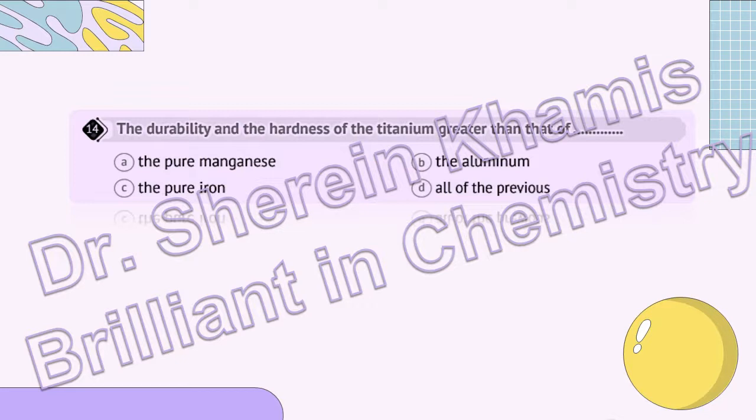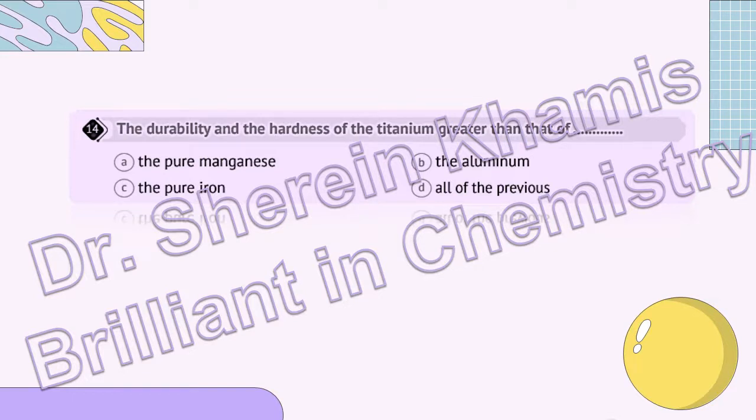Question 14 says: the durability and hardness of titanium. Durability means it can be shaped easily, and the hardness of titanium is greater than that of what? It's an easy question that depends on your understanding.